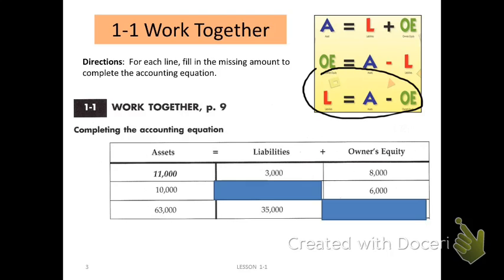We're going to have to subtract, so we're going to take our assets and subtract our owner's equities to get that answer. So our assets on the left side is $10,000. We subtract our owner's equity, which is $6,000. So $10,000 minus $6,000 is $4,000. So $4,000 is going to be our answer.